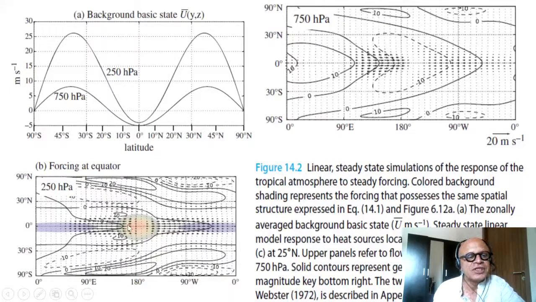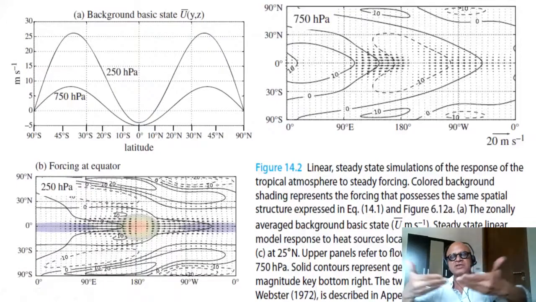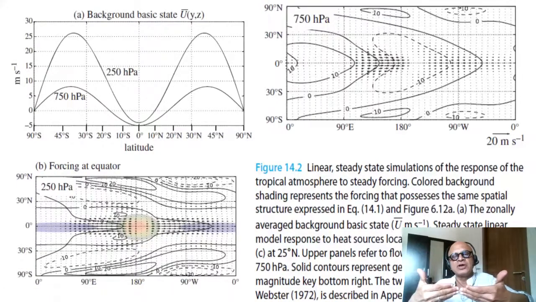Okay, so in the upper atmosphere the Rossby wave response is clearer, and the weaker opposite side of circulation is seen at the lower level. So as you remember, there's convergence in the lower level, divergence in the upper level.